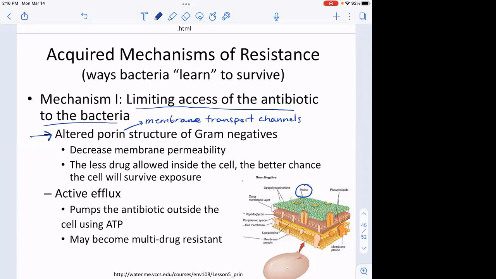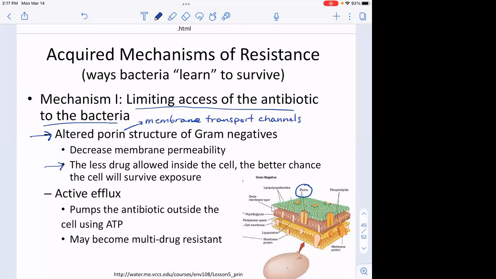If there's maybe just a little point mutation in the structure of that porin, those transport channels can become more selective as to what kind of things they allow to enter the cell. The idea is the less drug that you let inside the cell, the more likely that the cell's going to survive. So by messing with that porin structure a little bit, less of the drug can actually enter.